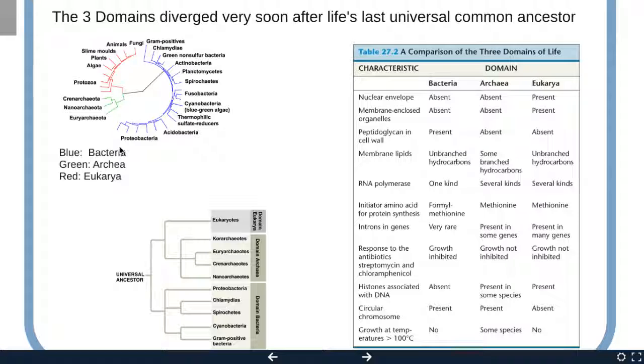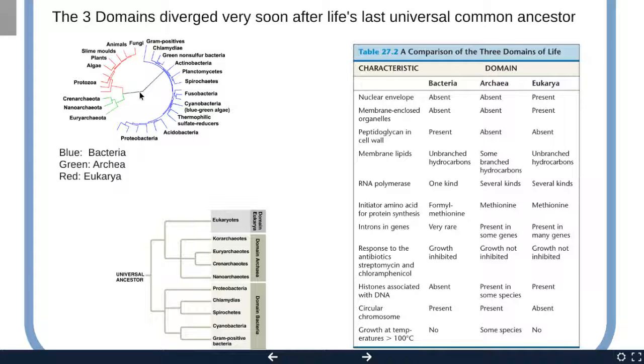So here we have bacteria, archaea, and eukarya. Here we have our common ancestor. We have archaea, the ancient organisms, which also diverged from eukarya. And then we have the bacteria. So we have our last common ancestor right around here.